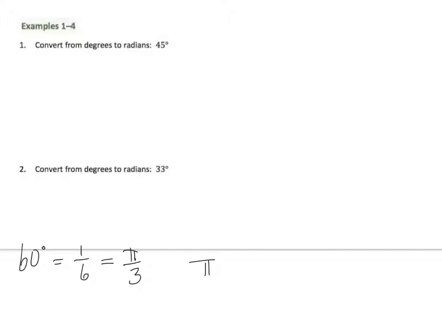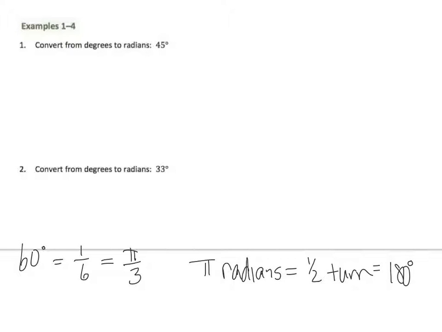Okay, pi radians is half of the full rotation, which we've already said is 2 pi. So pi radians is half a turn, which is 180 degrees.